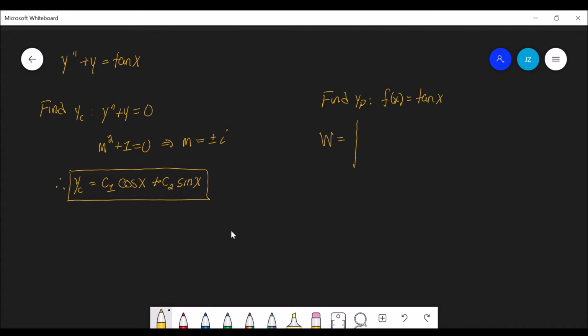So it's the determinant of cosine x, sine x, and then negative sine x, cosine x. So we have cosine squared plus sine squared, and that is, of course, 1.